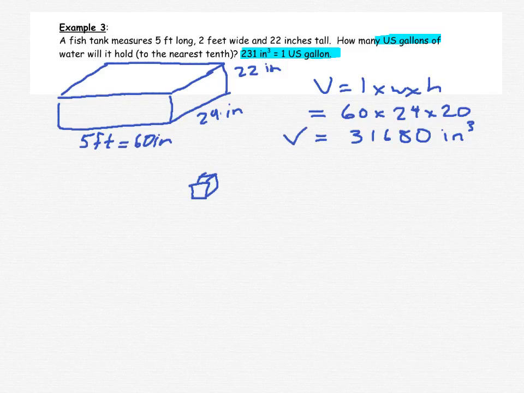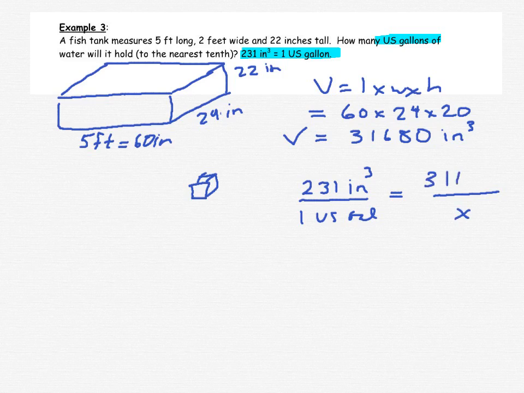I didn't want the volume in cubic inches, I want the volume in gallons. So you can make a conversion factor with a proportion. 231 cubic inches is the equivalent of 1 U.S. gallon. So therefore, how many U.S. gallons, X on the bottom, would be the equivalent of 31,680 cubic inches? To solve this, you're going to cross multiply: 31,680 times 1, which of course is the same number, and then divide it by 231.